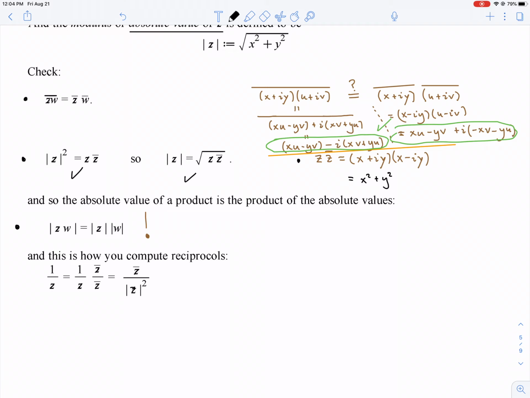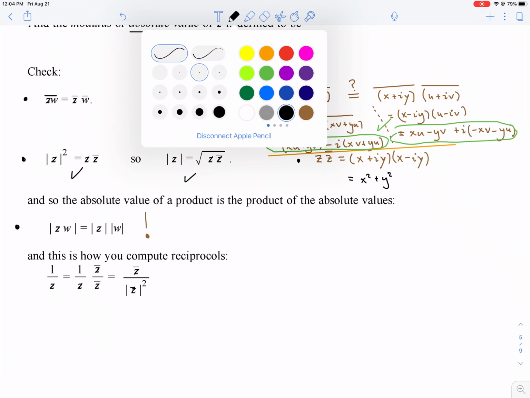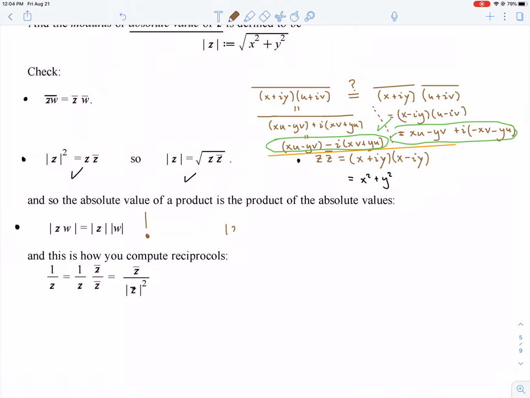And the quick way to check that is that the modulus squared of zw is zw times its bar by definition, or by what we just checked, and then by the product property for conjugation, that's zw z bar w bar.